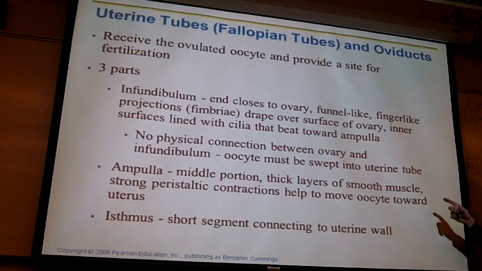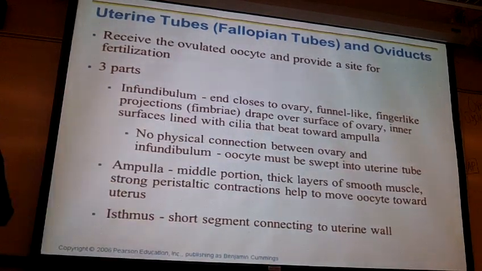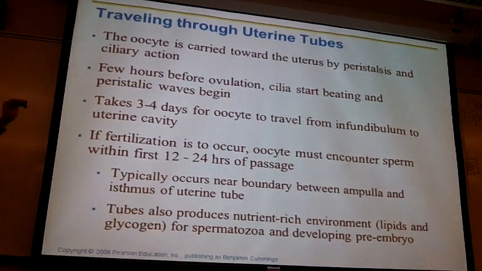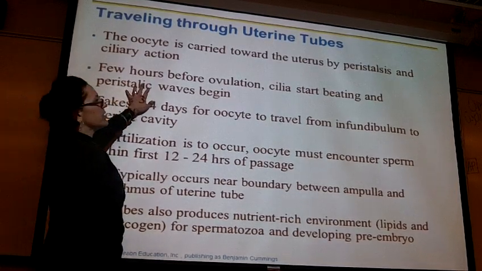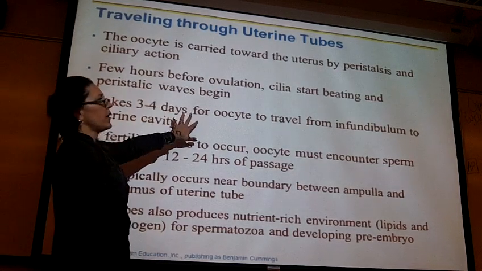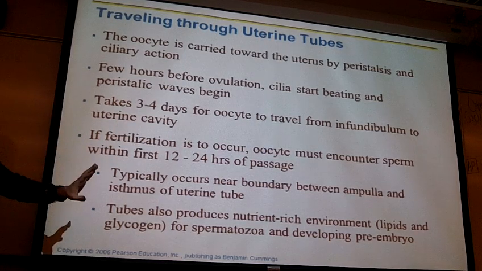So those are just different parts of the fallopian tube. Now, traveling through the fallopian tube, again, we talked about the fact that the cilia will beat. It takes about 3 to 4 days for the oocyte to travel from the infundibulum to the uterine cavity.